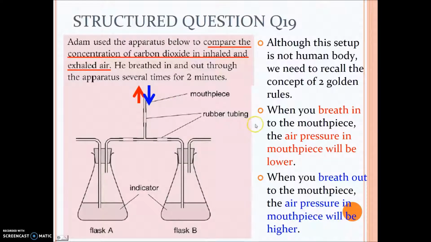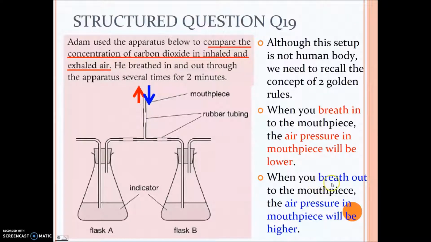When we breathe in through the mouthpiece, there will be a lower air pressure in the mouthpiece. Remember the golden rule: the airflow goes from higher pressure to lower pressure, so the air will flow from this tube to the mouthpiece and to your mouth cavity.